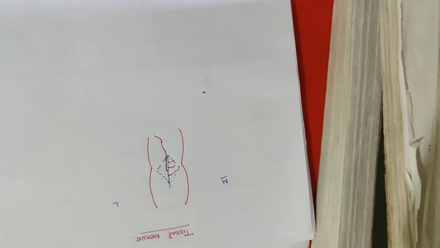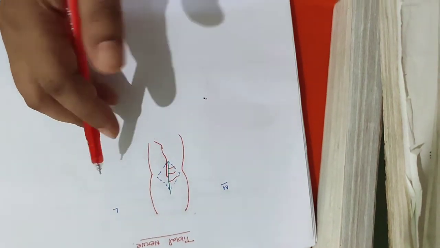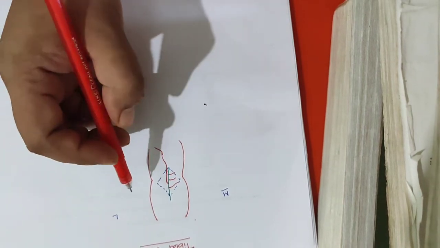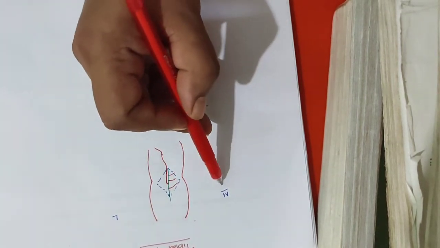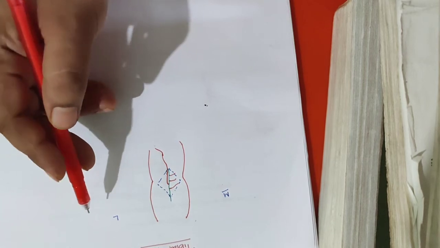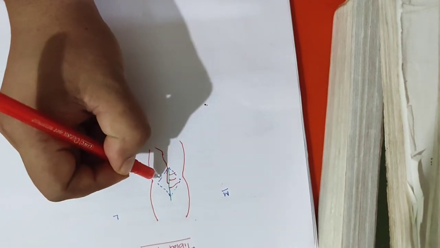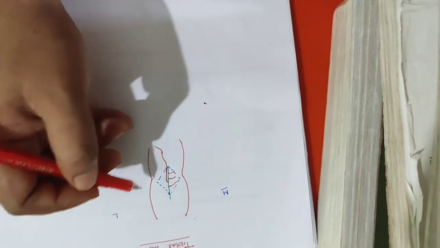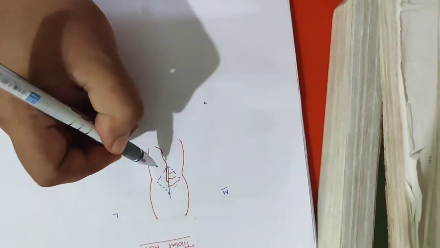And next, the muscular branch, that means it supplies the muscles. This is the medial side, this is the lateral side. Here are situated the medial head of the gastrocnemius and the lateral head of the gastrocnemius.